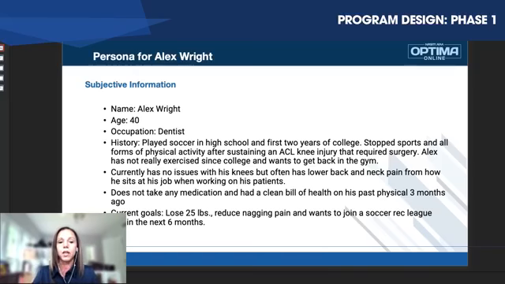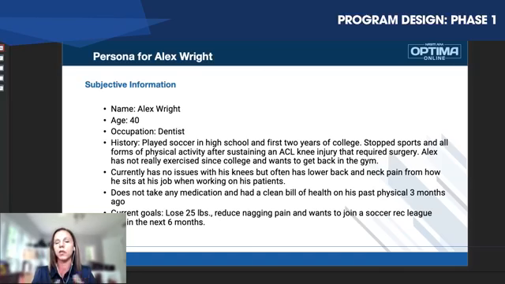We did talk about the medication component. Was he taking any supplements? Is there anything I need to know about? Of course, that came back as a negative. And then his current goals: he wants to lose 25 pounds. When you're getting this information from your client, you want to see if there is a specific time frame in which they want to lose this amount of weight.